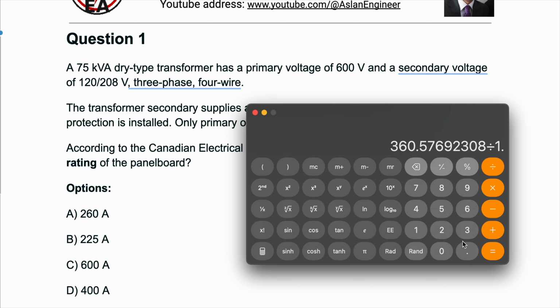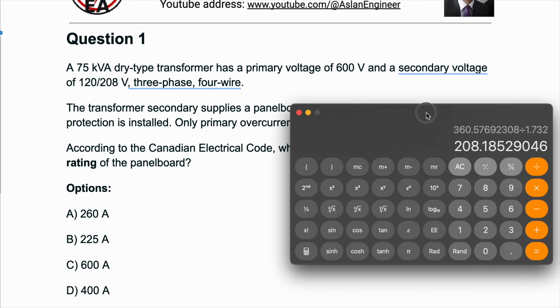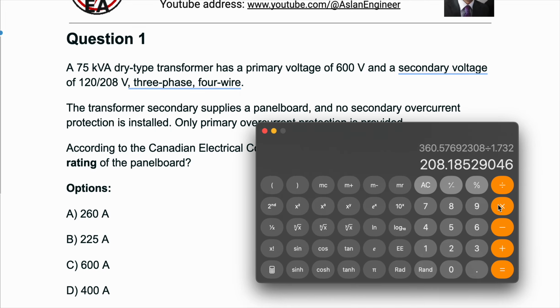So 1.732 is the root of 3, so equal to 208 amps. 208 is the ampacity of this transformer on the secondary side, and we multiply by 125 percent because of the rule.